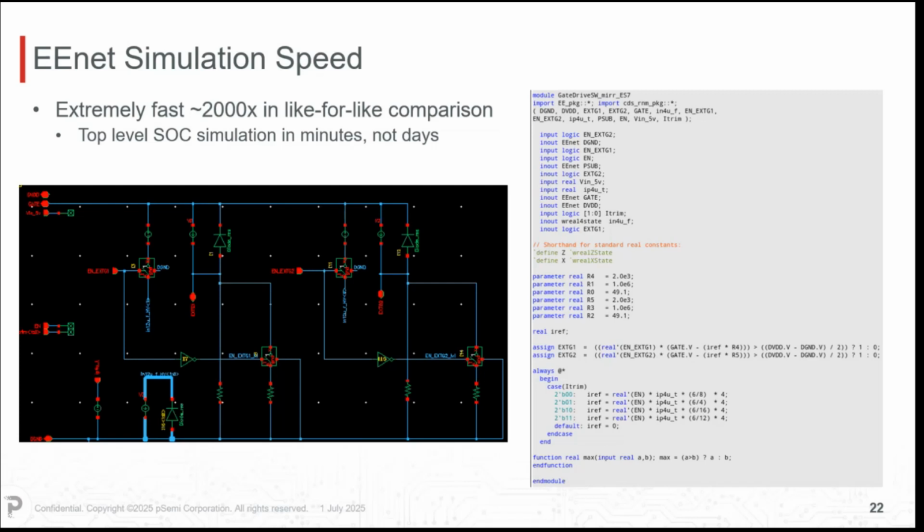It was a factor of 2,000 times faster in a like-for-like comparison. So it means he can do his top-level system-on-chip simulation in minutes rather than days. This was a huge benefit in terms of finding bugs in the system and actually giving confidence that the result is correct. But as I said, it didn't come for free.